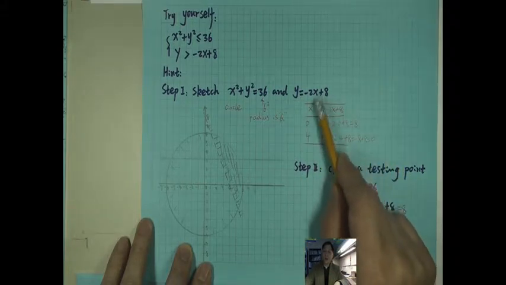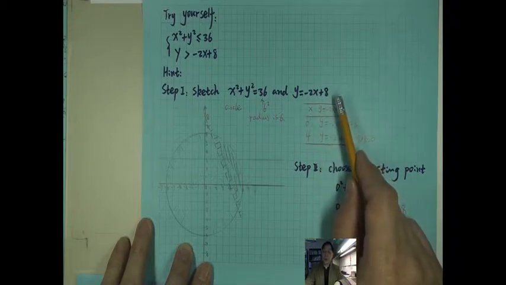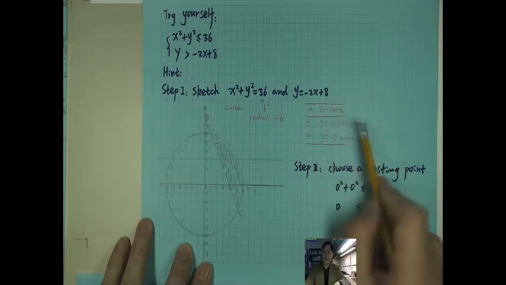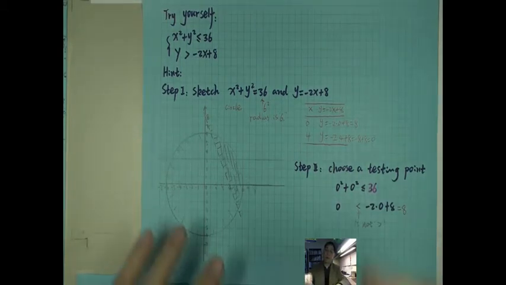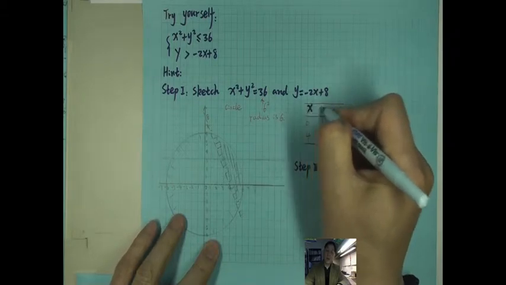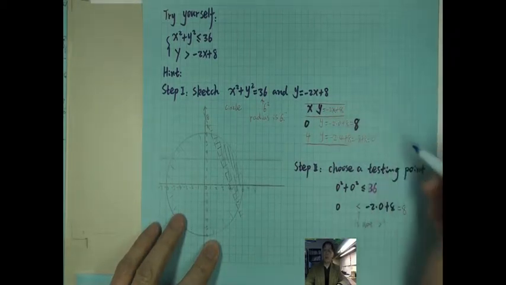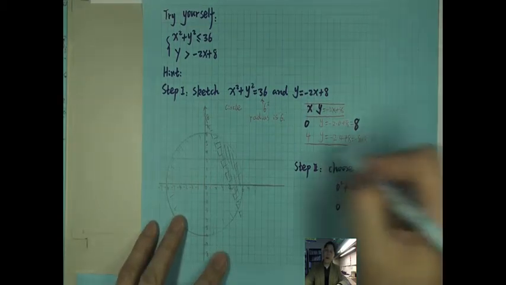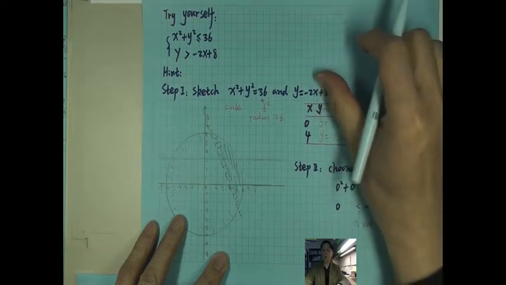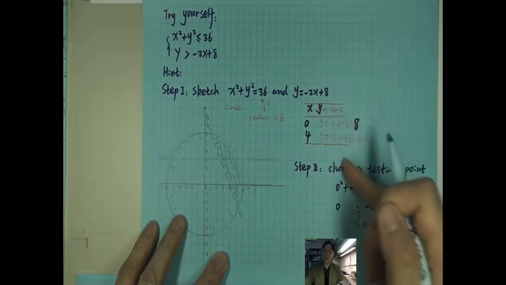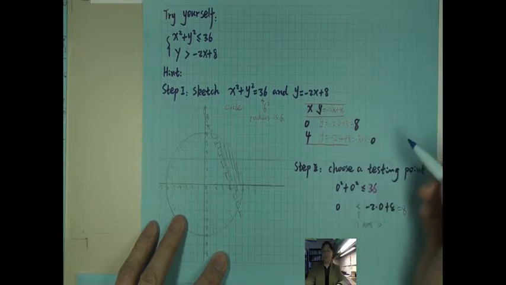You plug in 0 for x. Negative 2 times 0 plus 8, so you have 0, 8. Okay? So you have x here, y here. x is 0, y is 8. Now x is 4, you plug in here. Negative 2 times 4 is negative 8. And plus another 8, so you have a 0.